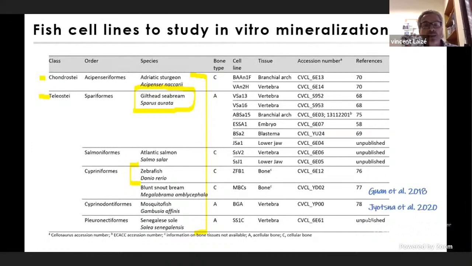We don't know why. It could be related to the medium that we are using. I don't know if the media that we are using are more suitable for marine fish cells than for freshwater fish cells. We don't have a clue about that. But our experience is that it's much easier to develop fish cell lines from marine fish, and in particular here, gilded sea bream.